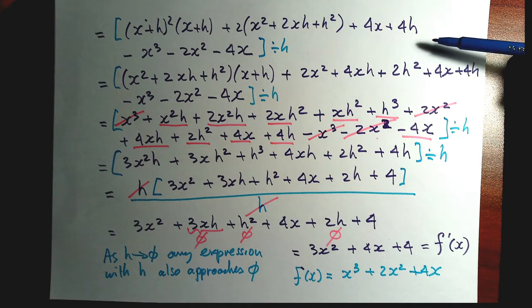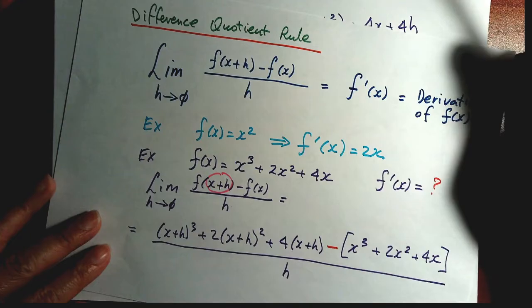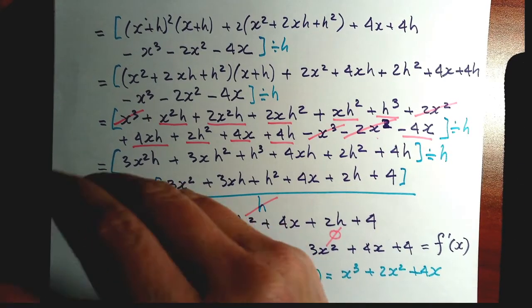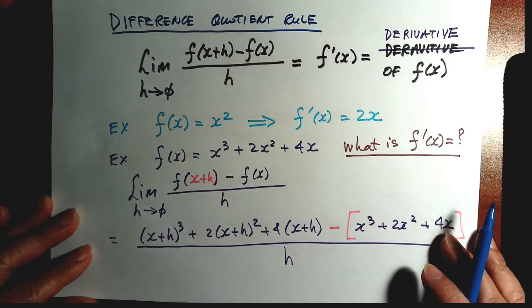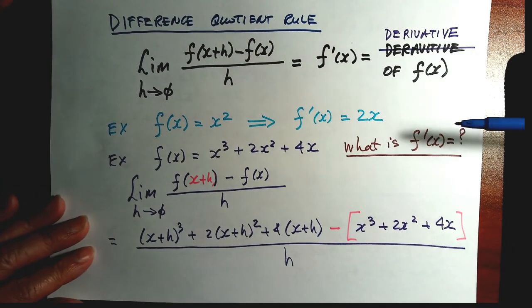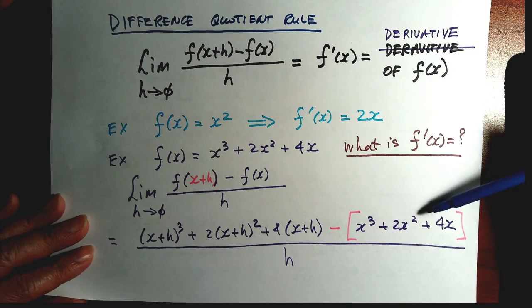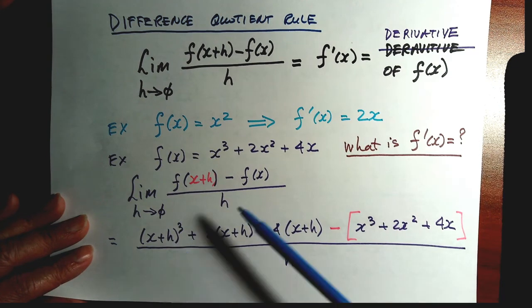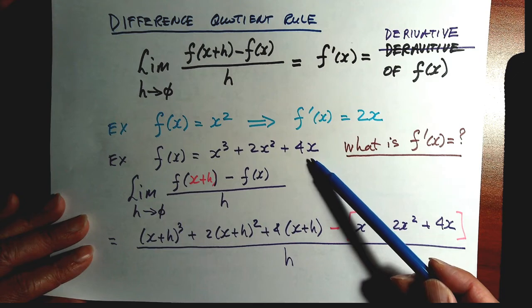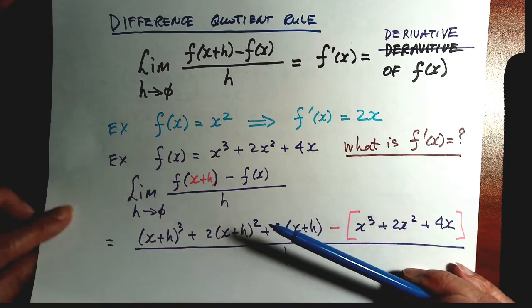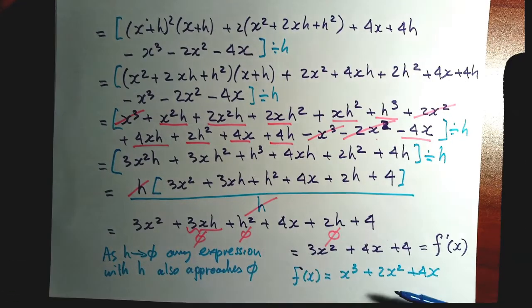So you have to learn how to do the algebra and learn how to set up the equation properly. I have the function, I have the rule, and then I set up the equation properly, and then I work through the algebra and I get the result.